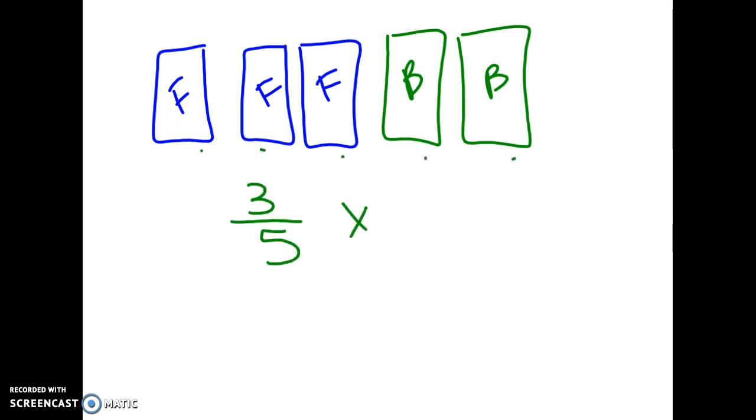And then keeping it and selecting another football card. Well, I've already taken 1 out, so there's only 2 football cards left, and there's only 4 actual cards left. And then we multiply straight across and find your percent. These would be dependent.